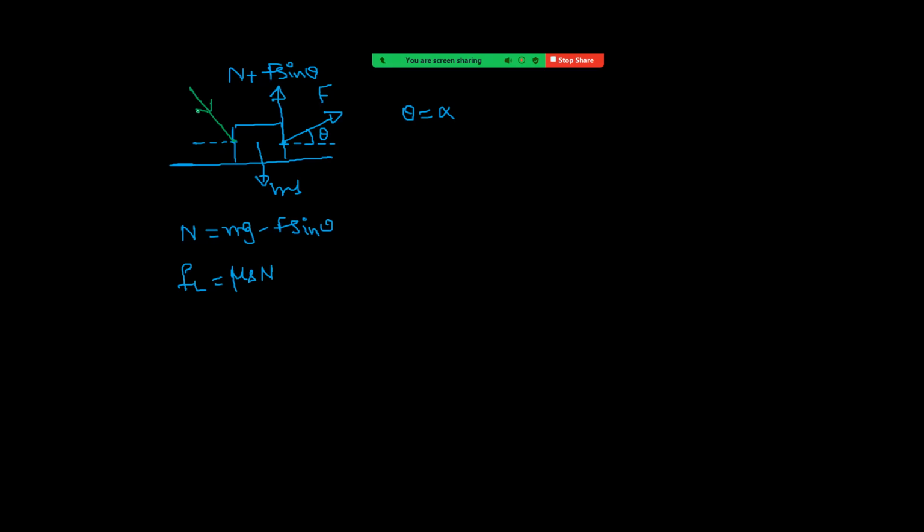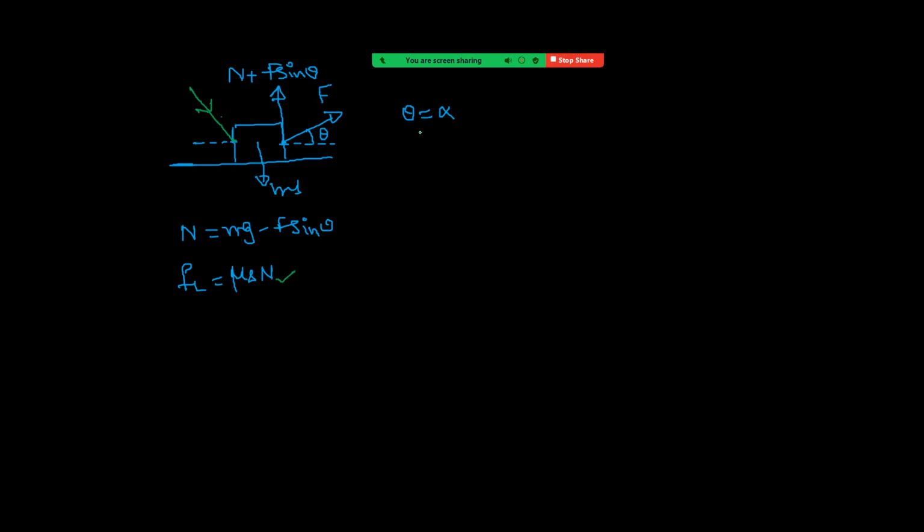Applying force like this, one component is now vertically downwards. That means in pushing, normal reaction is increased. Therefore, limiting friction increases. So it becomes difficult to push the block. That's why pulling is easier than pushing.